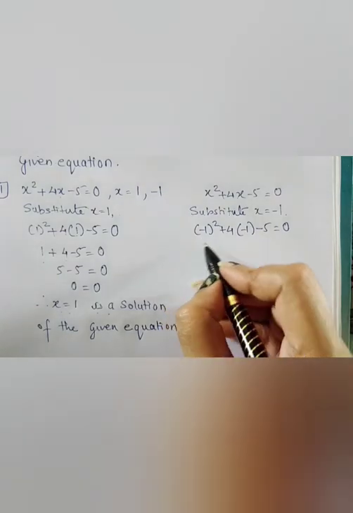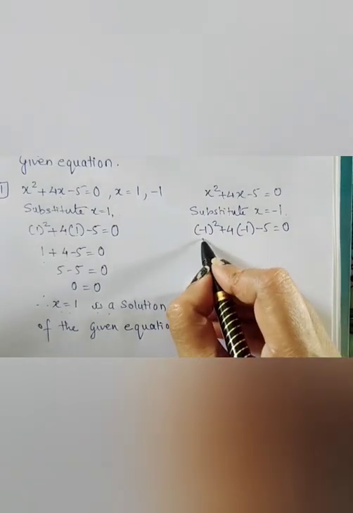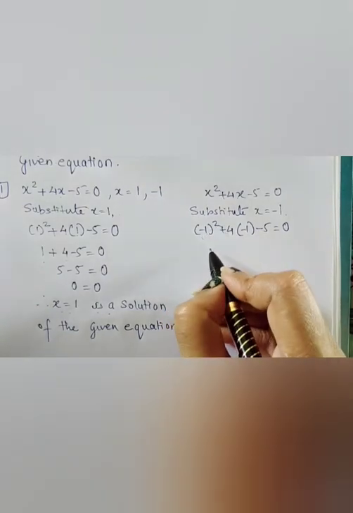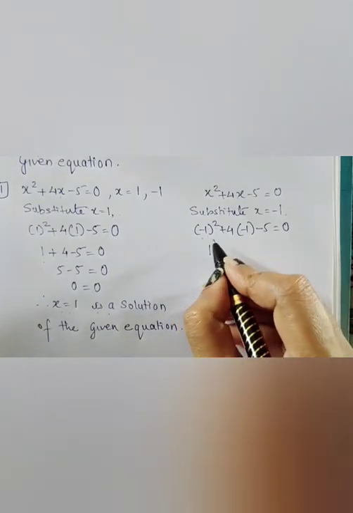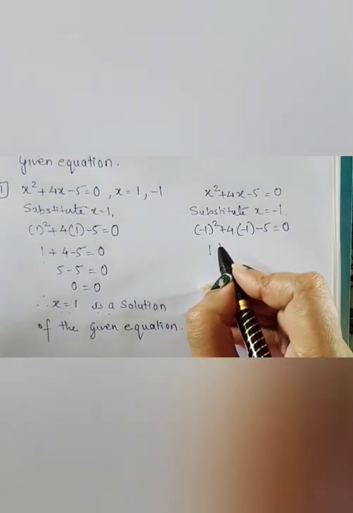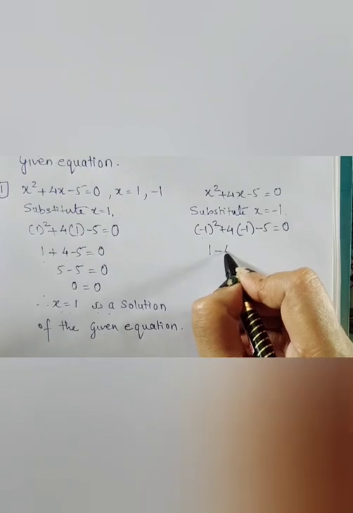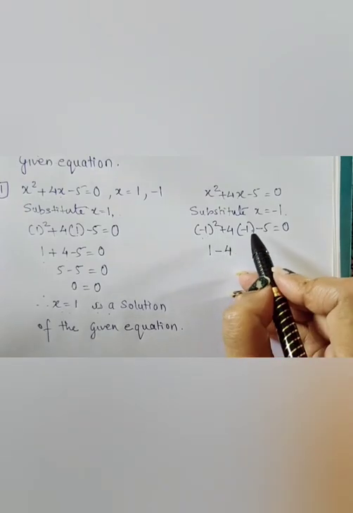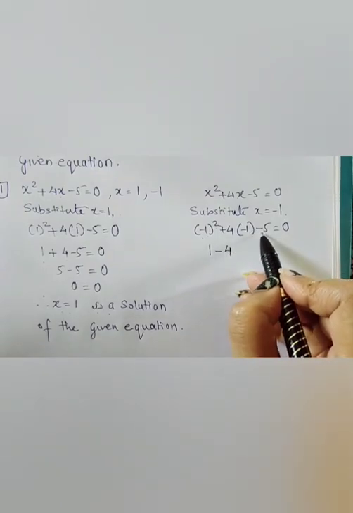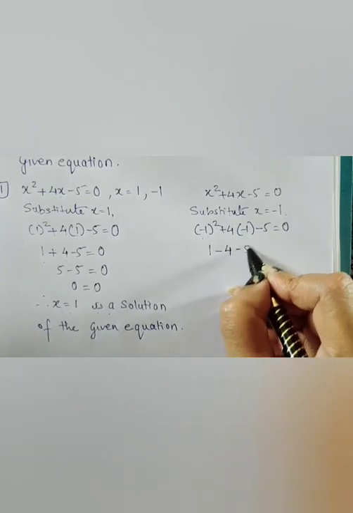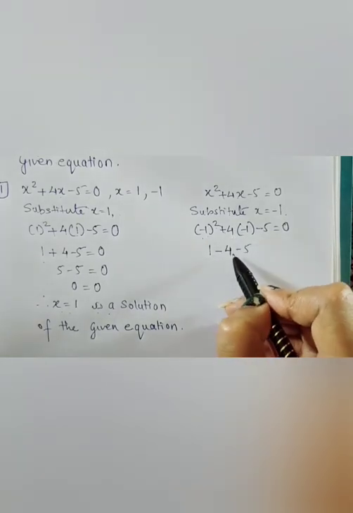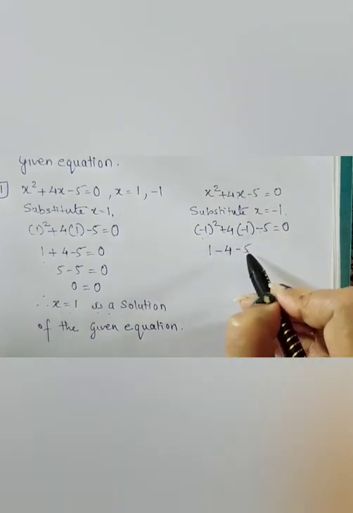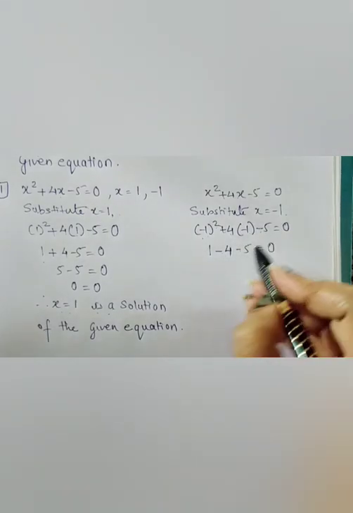Okay, now here you can see minus 1 square, minus minus plus, so we'll get 1, and this minus and plus will become minus, then 4. Again here you can see it is minus 5, plus minus 4 multiplied by 1 is minus 4, then minus 5 equal to 0.